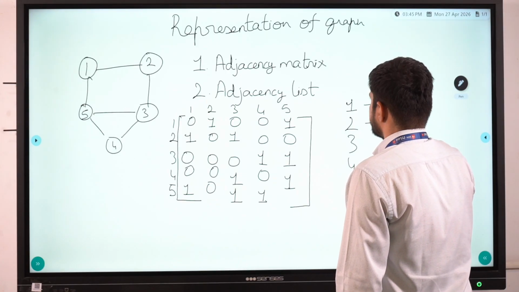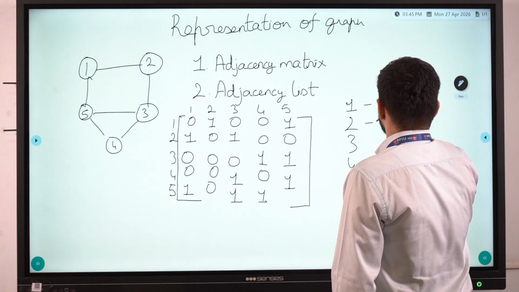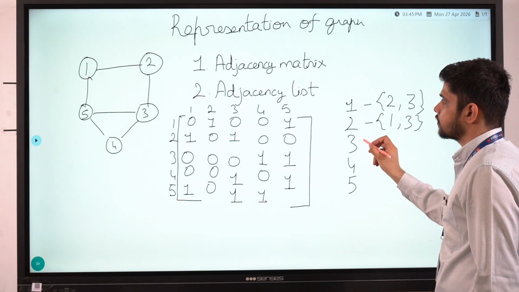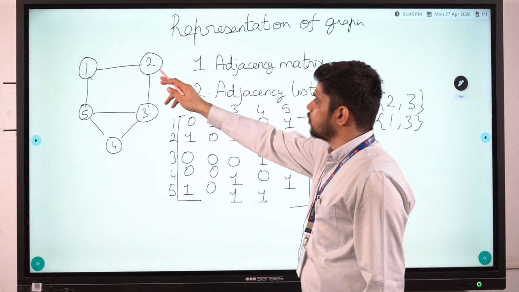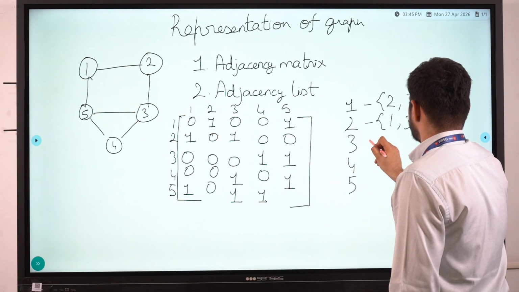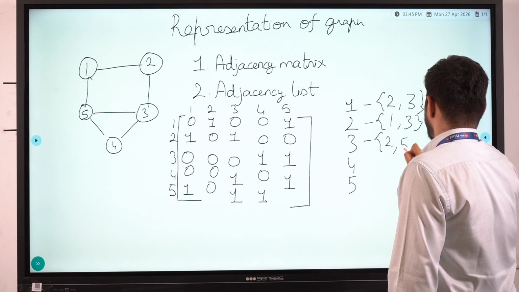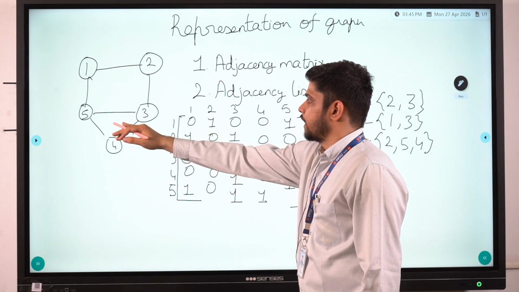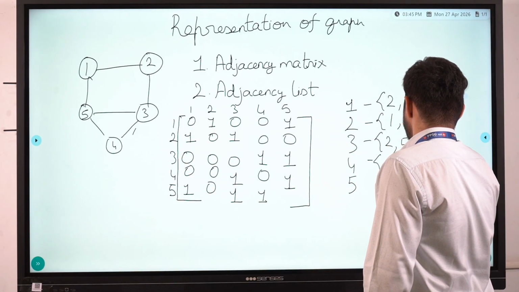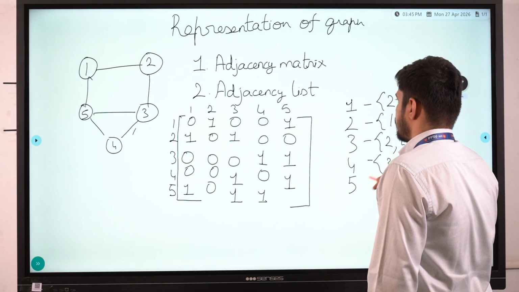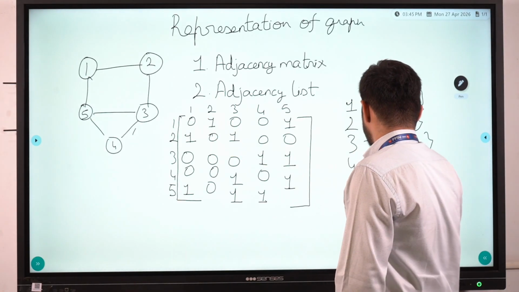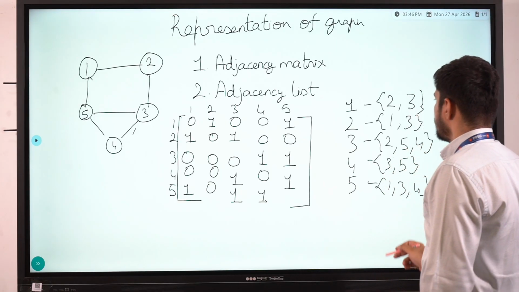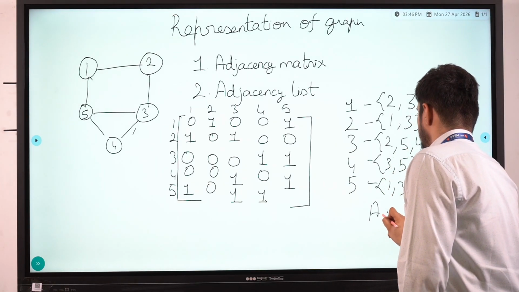Then 2 has 1 and 3, so I will store 1 and 3, right. Then 3 has 2, 5 and 4, I will store 2, 5 and 4. Then 4 has 3 and 5, and 5 has 1, 3 and 4. So this is called an adjacency list.